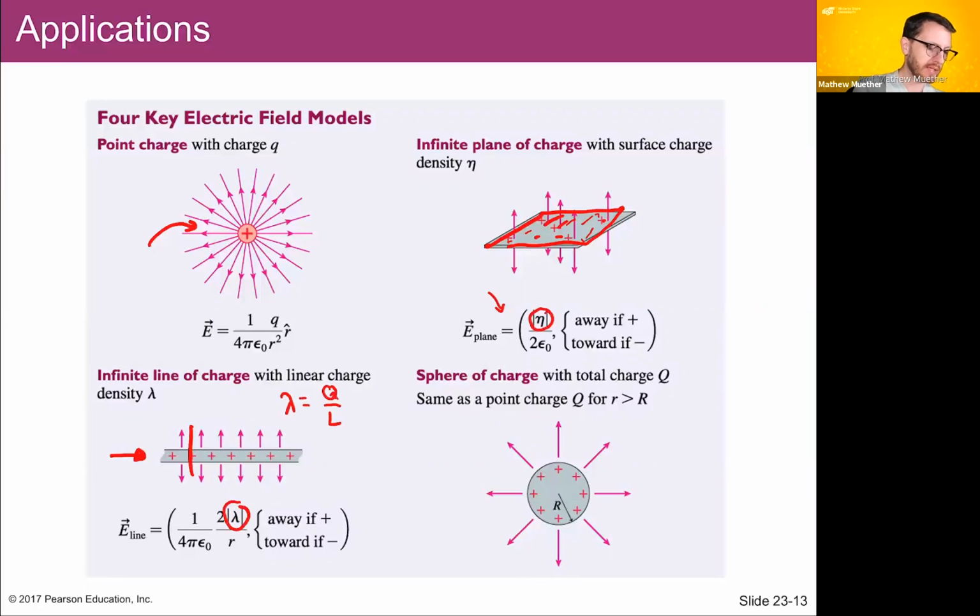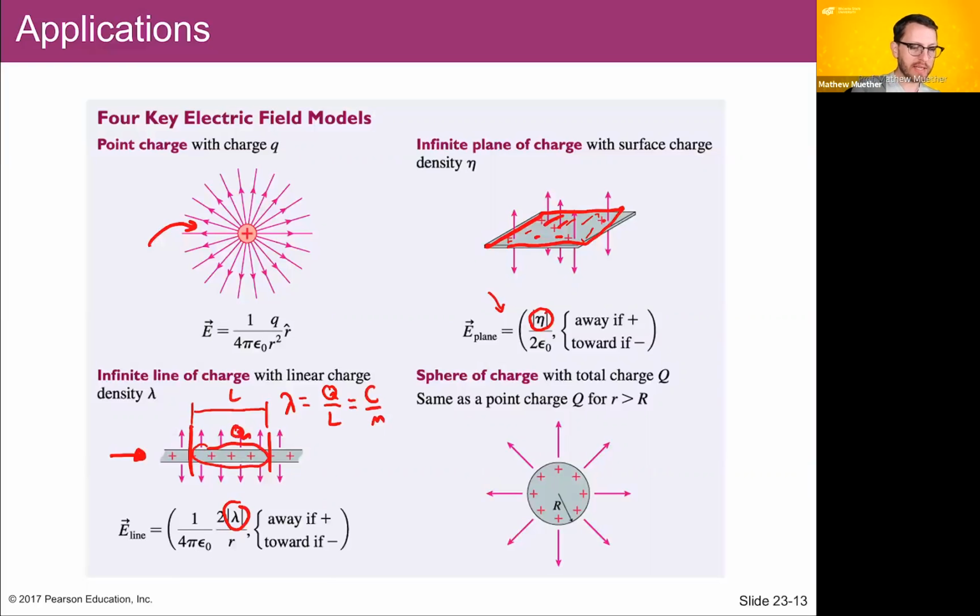If I picked some length L to look at this rod and counted up the charge in that region of space, and I took those ratios, I could define this physical quantity called the linear charge density. It has units like coulombs per meter. It tells me how much charge per meter I have built up on this object.